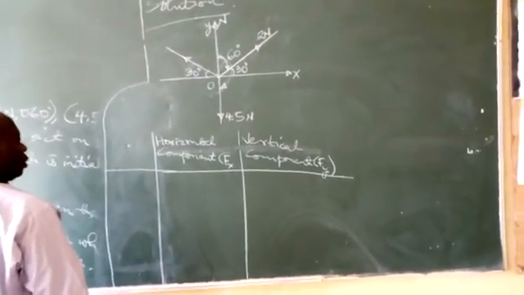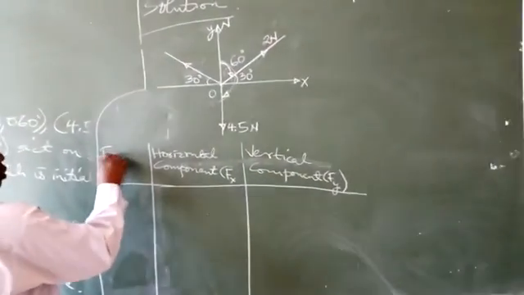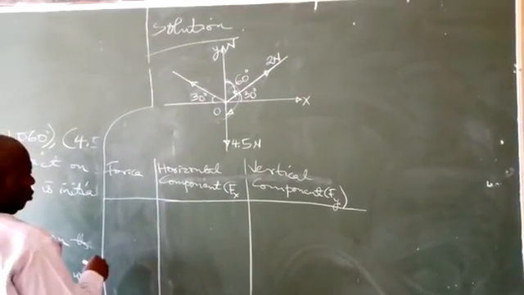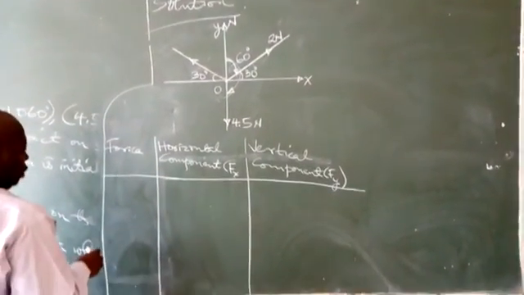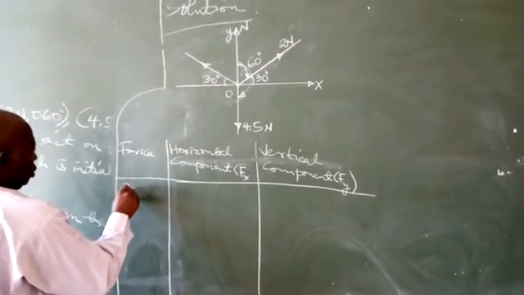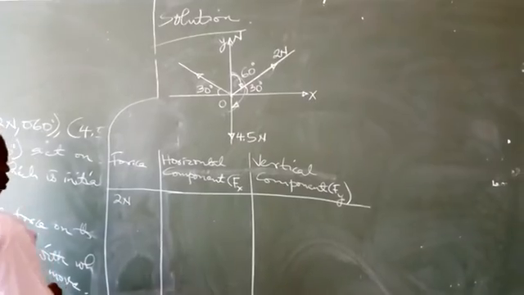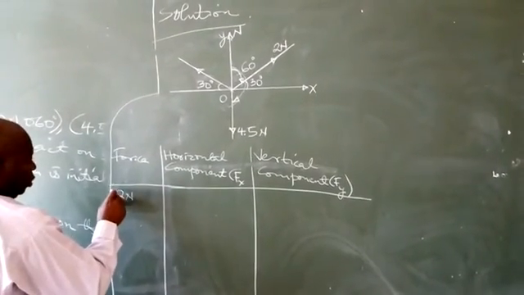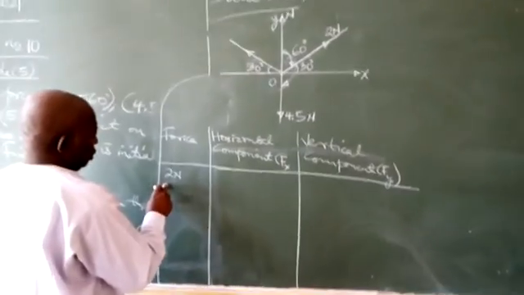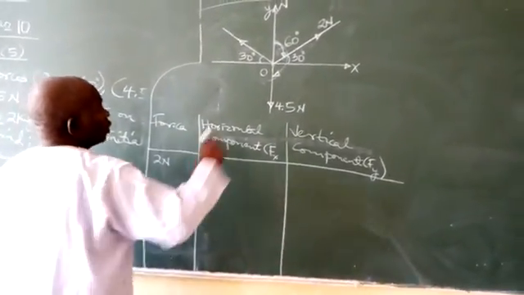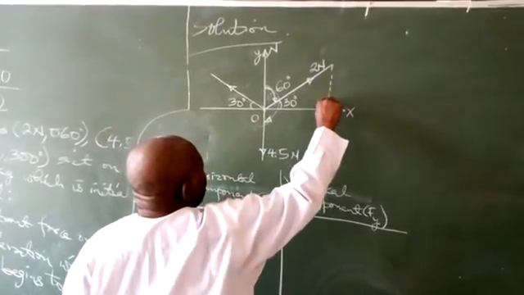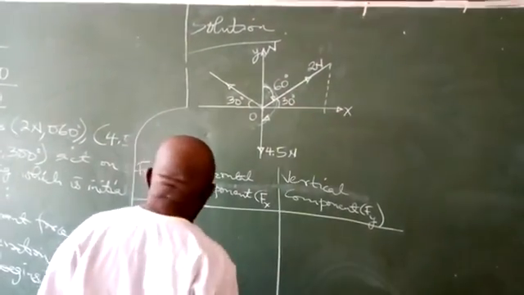So this is the force. The first force is 2 Newton. The 2 Newton force, if you can see, is at 30 degree to the horizontal.